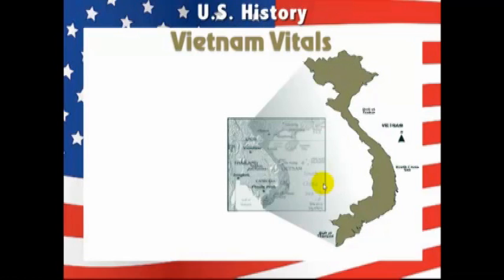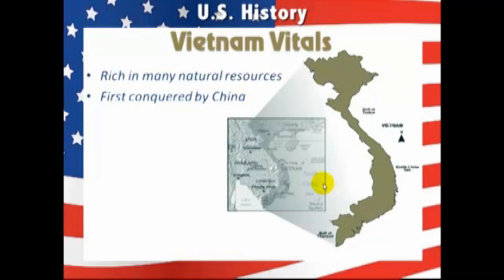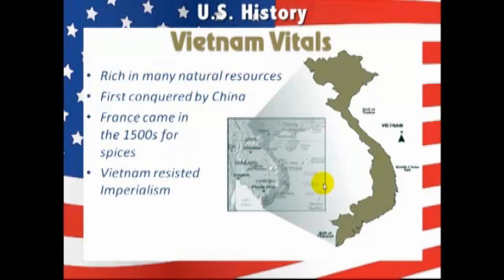So just looking at a few of the vital details on Vietnam. Vietnam is rich in many natural resources. It was first conquered by China. France came in the 1500s for spices, and Vietnam had a long tradition of resisting imperialism.